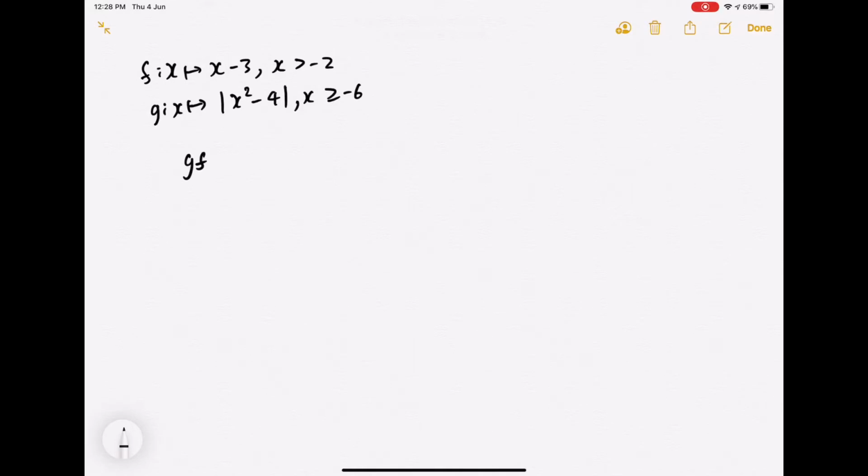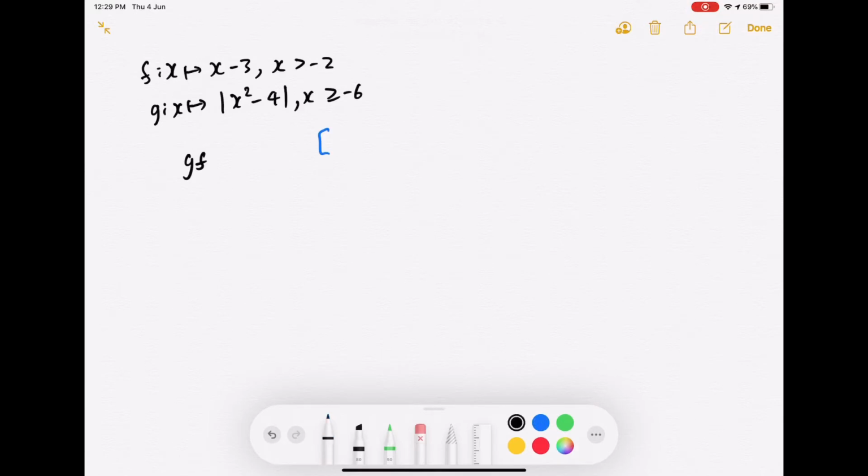In order to do that, the first thing is we're going to plot this into the calculator. We're going to put x minus 3, a divide sign, and then after that we're going to put in our restriction. When you plot this in the GC, you get something like this.